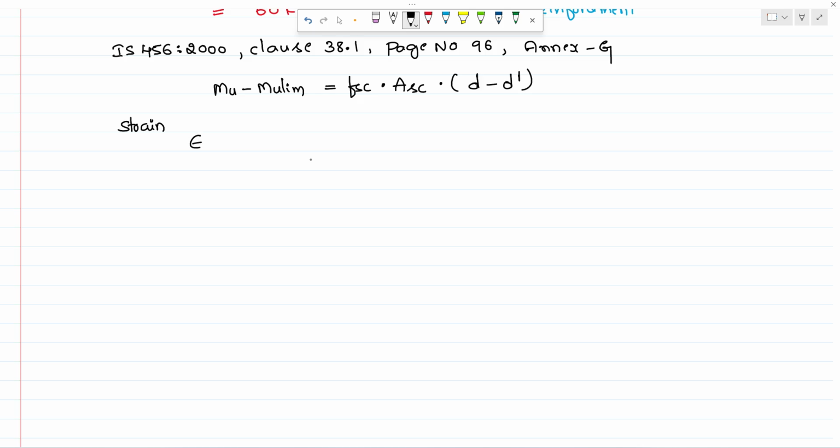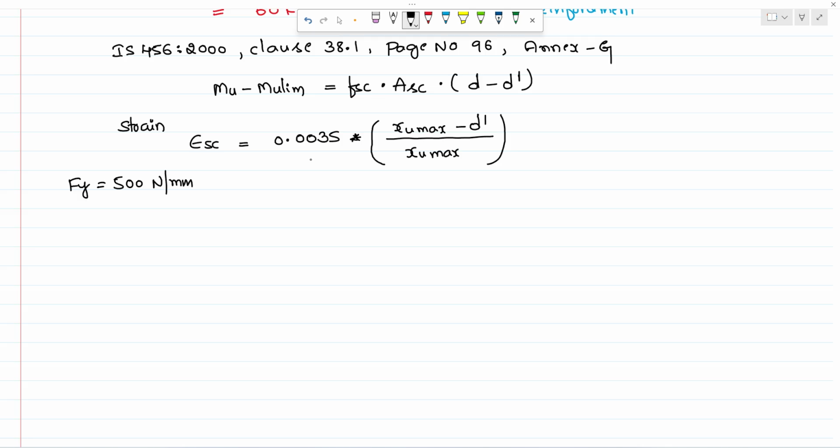Strain epsilon SC equals 0.0035 multiplied by Xu max minus d dash divided by Xu max. In this problem, your Fy value is 500 Newton per mm square.